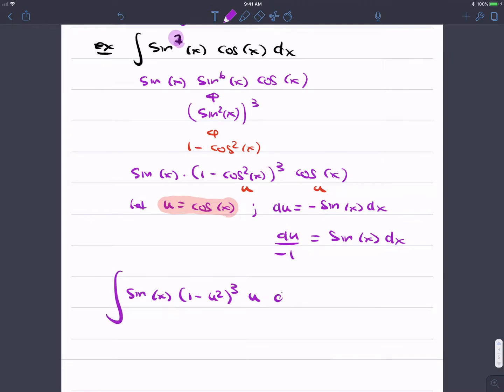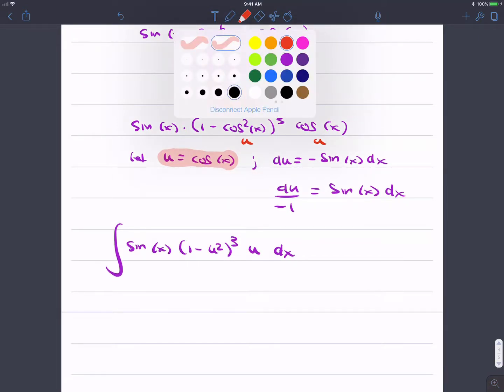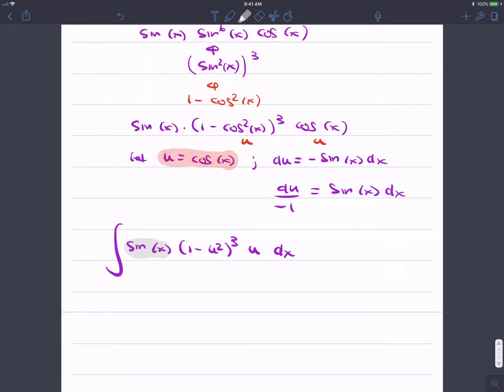And don't forget, this is integrating with respect to dx. At this point, it looks like we can now replace our sine x dx with du over negative 1.